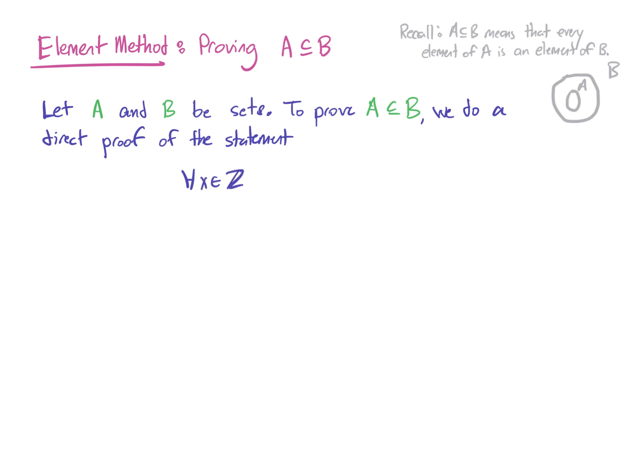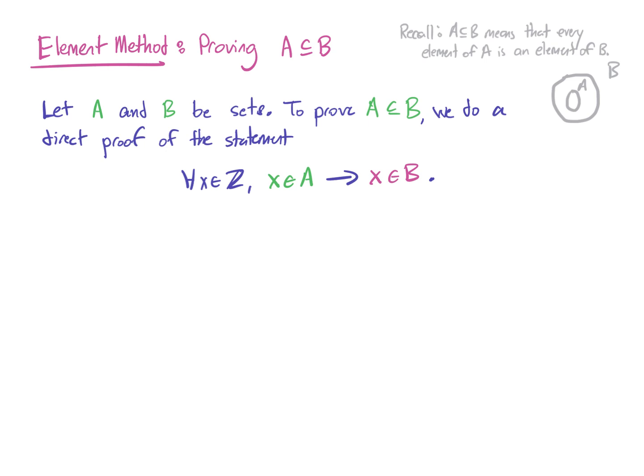It doesn't have to be the integers Z. For all x in my base set, it holds that x in A implies that x is also in B. So we do a direct proof of this statement for all x in my base set. X in A implies that x is in B.